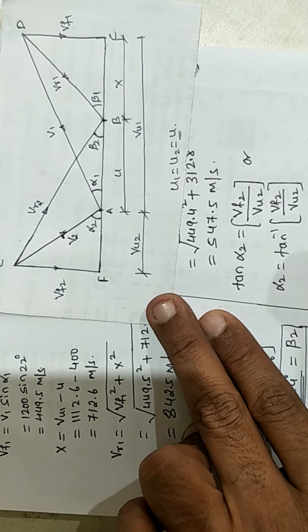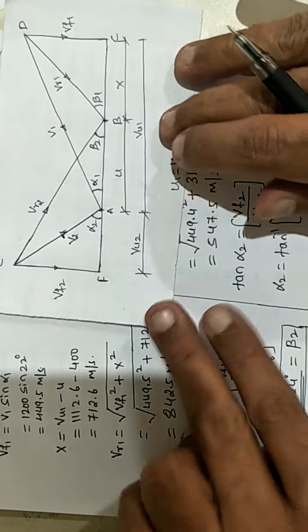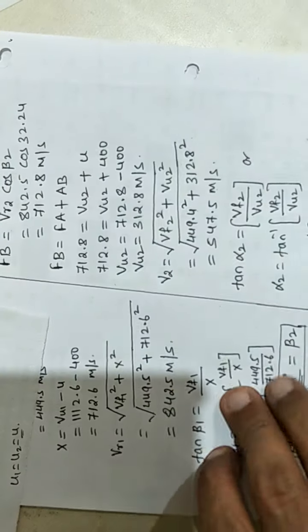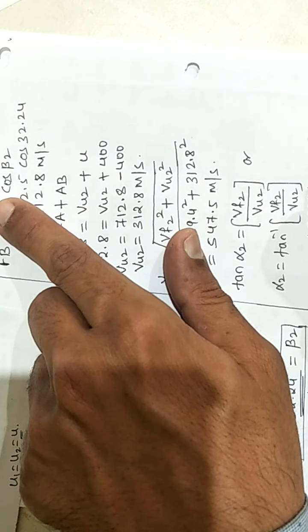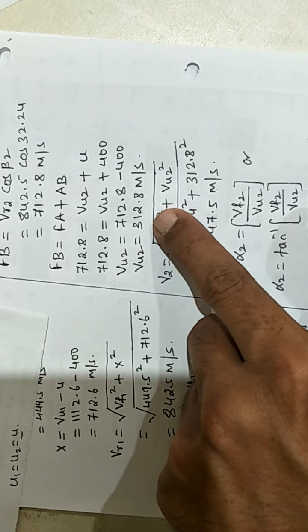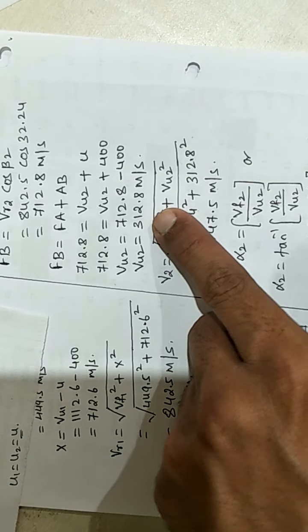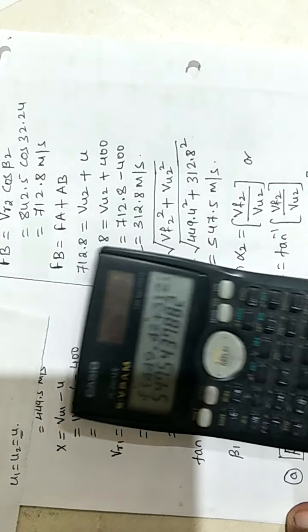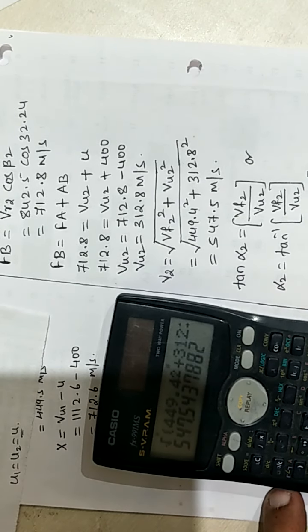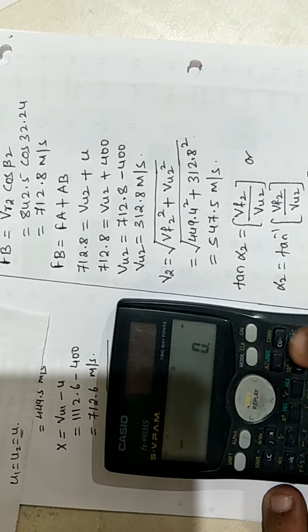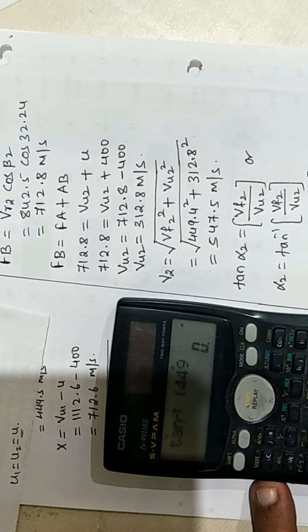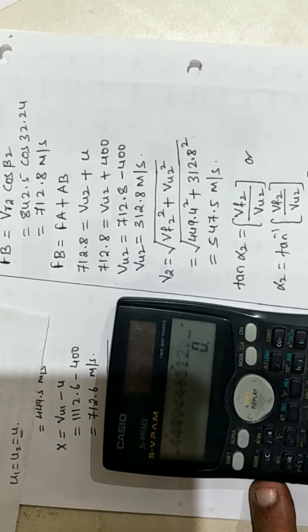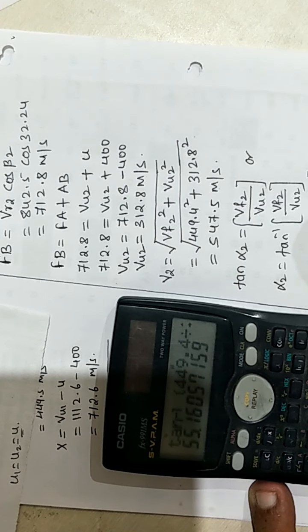Substituting the values, VF2 is 449.4 divided by VU2 value 312.8. So alpha 2 is tan inverse of 449.4 divided by 312.8, which is equal to 55.16 degrees.